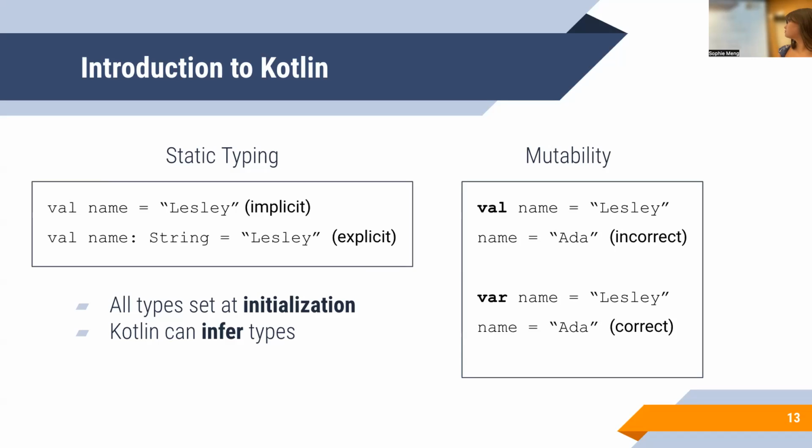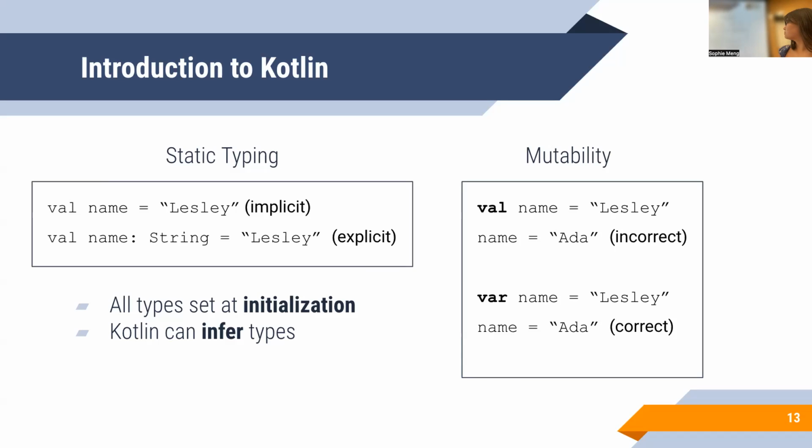And just to add a little bit more about mutability as well. Even though vals can't be reassigned, for example with a string, we wouldn't be able to do name equals atta. But let's say we had a val that was an array, and we wanted to mutate that array by adding a value to it using a method on that array, we would actually be able to do that.